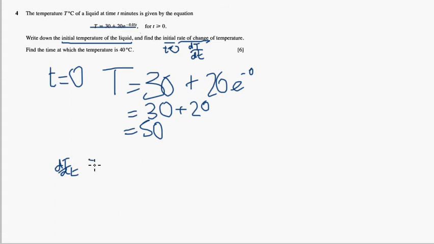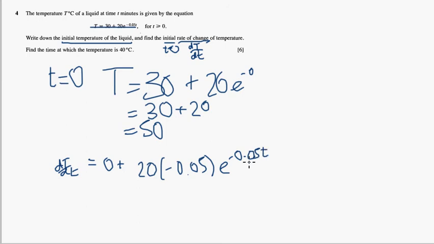So if you differentiate 30, that's obviously going to be equal to 0. And then if we differentiate 20 e to the minus 0.05 t, when you differentiate an exponential function, you get the differential of that expression at the front, so the differential of minus 0.05 t with respect to t is just minus 0.05, times that exponential function again.